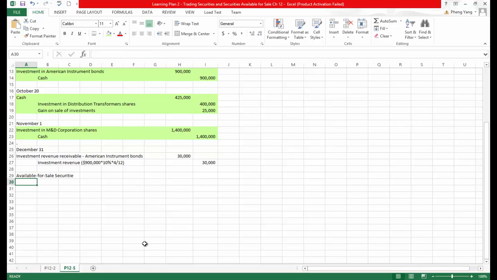Okay, so my available for sale securities are the M&D Corporation shares and the American Instruments bonds.